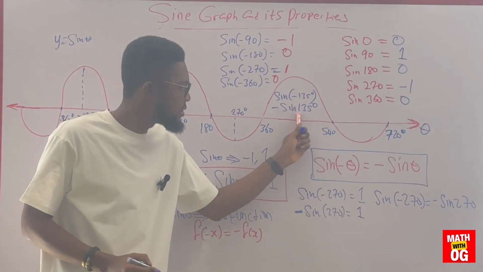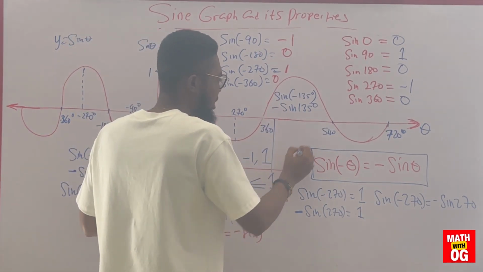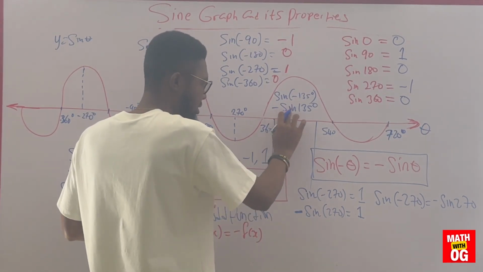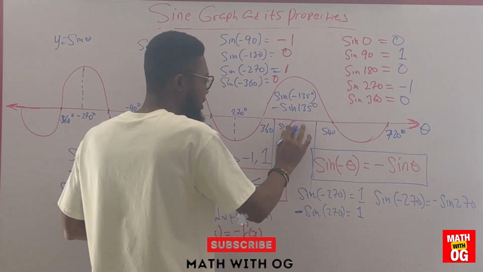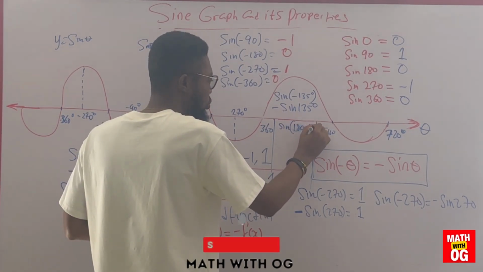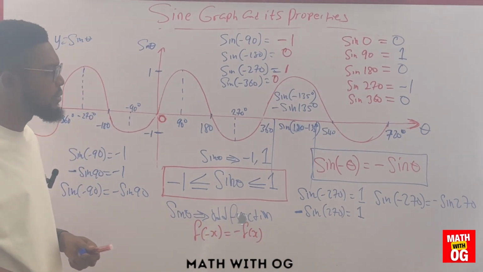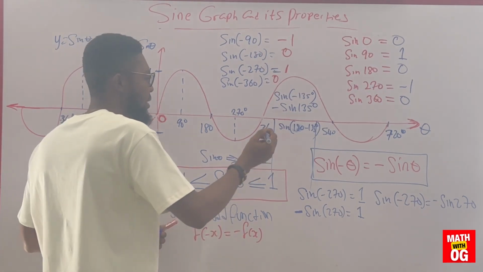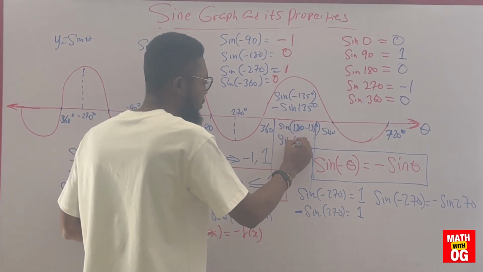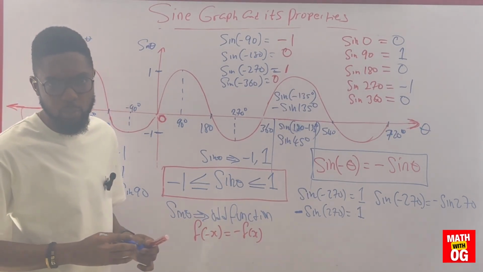This is falling in the second quadrant. So in the second quadrant, sine 135 will simply be sine of 180 minus 135 degrees, because we are working in the second quadrant. 180 minus 135 is 45. So this is sine 45 degrees. Remember, in the second quadrant, your sine is positive.